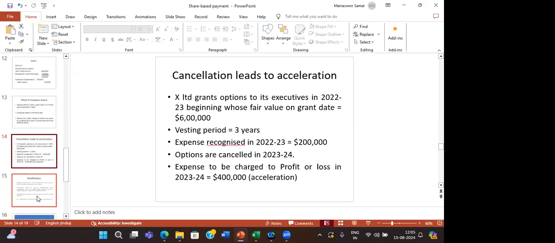What if there is a cancellation of the option scheme? Before you understand the harsh consequence contemplated in accounting, if an entity cancels any scheme subsequently, you need to understand the rationale.